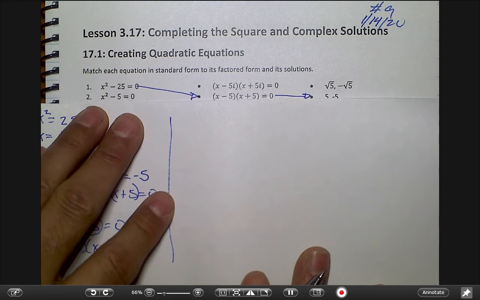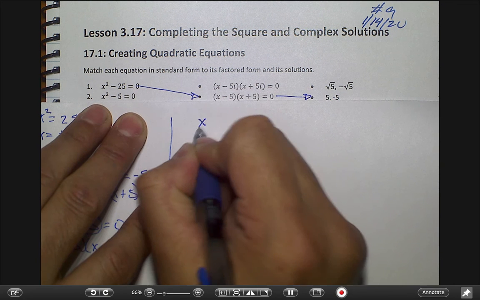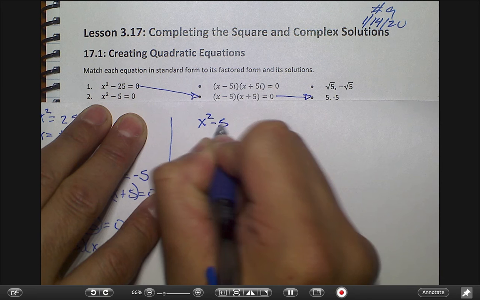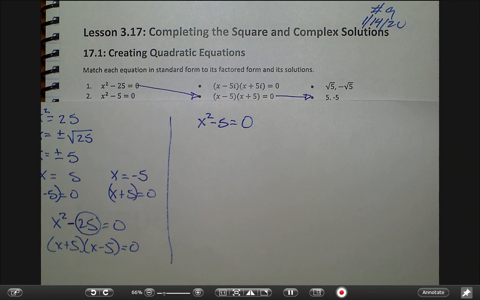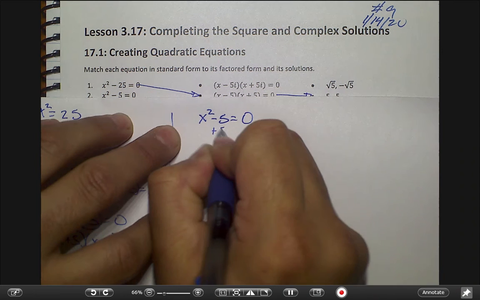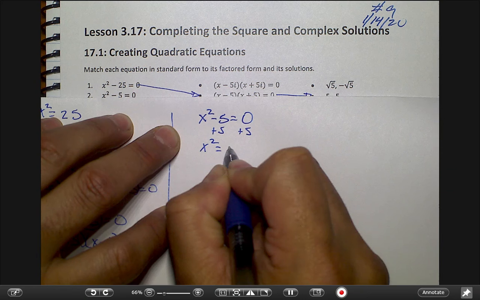Now the next one is x squared minus 5 equals 0. In this case, what am I going to do to get my x squared by itself? Add 5. So x squared is equal to positive 5.